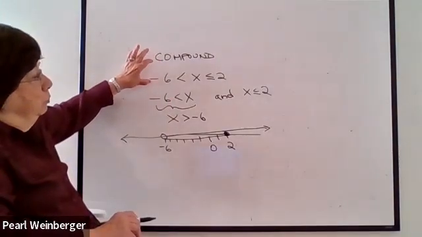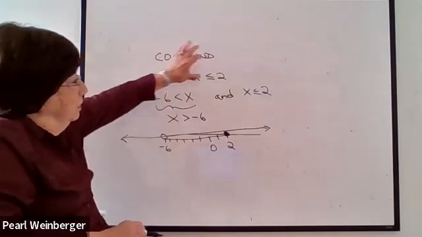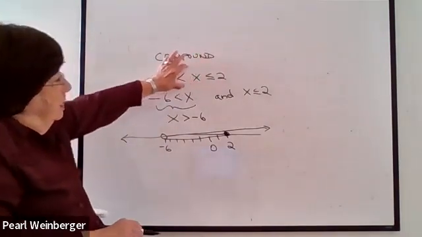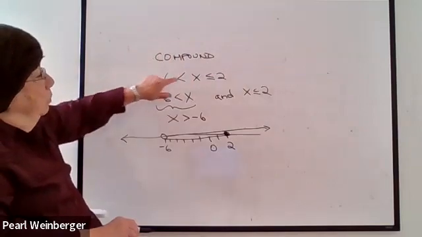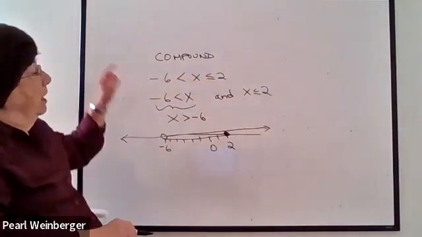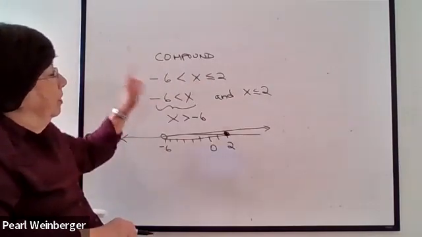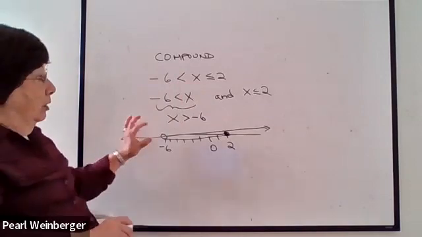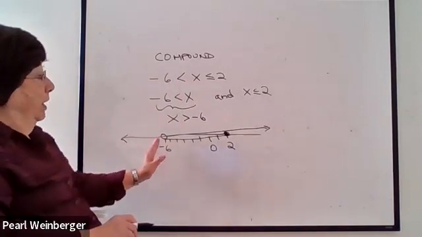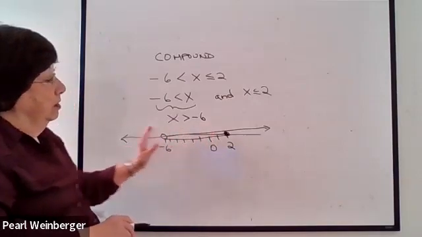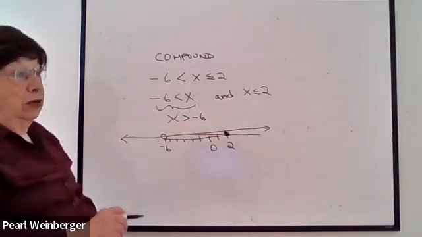And that's also true when we have this double inequality, in this situation where we're using an inequality twice. It means that both of those statements have to be true at the same time. In other words, we have to look, where do these lines cross?